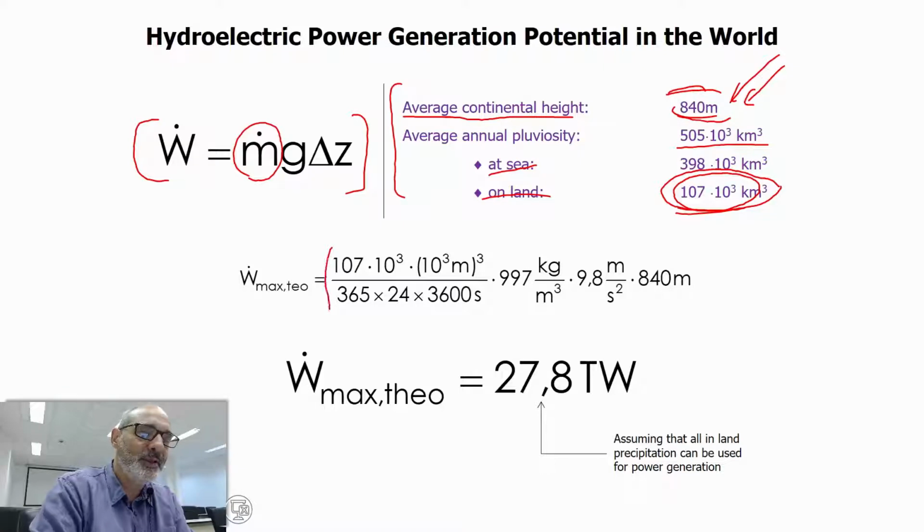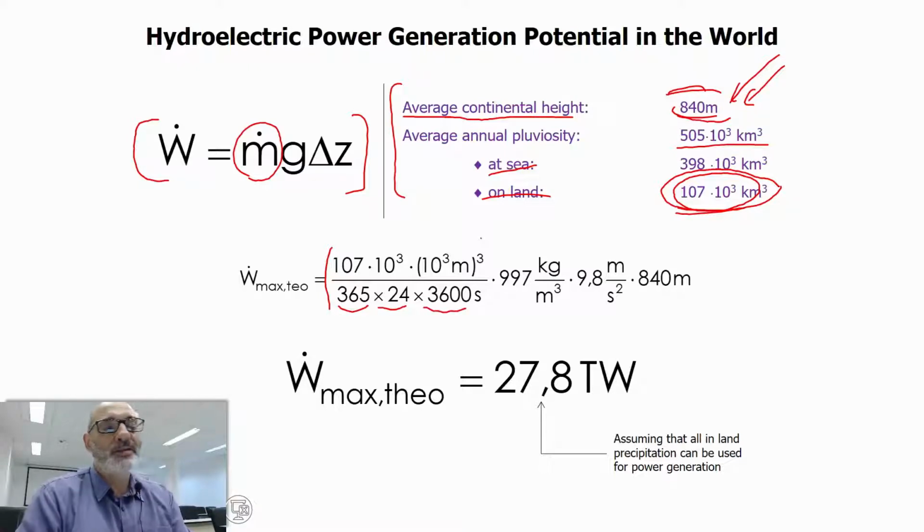So that's this number here. 107,000 kilometers cubed, 10 to the third meters cubed is to convert to meters, and let's say 355 days times 24 hours times 3,600 seconds each hour. So that's the number of seconds in a year, and here is the amount of cubic meters of water on land in a year.